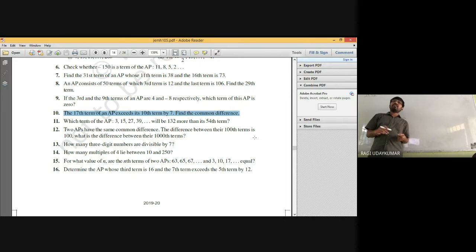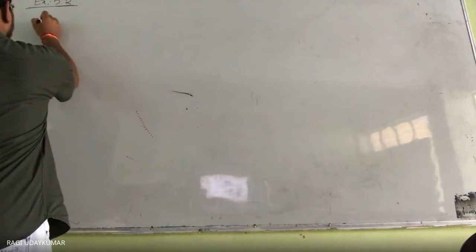When you find the difference, you are going to get the required solution. So the 17th term exceeds the 10th term. So A17 is equal to A10 plus 7. So what equation can be written here?